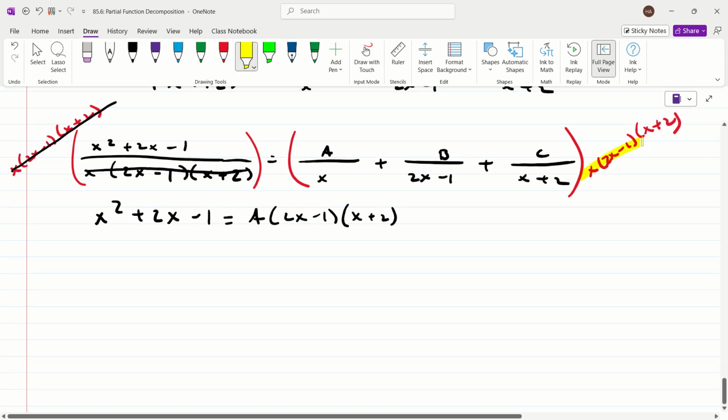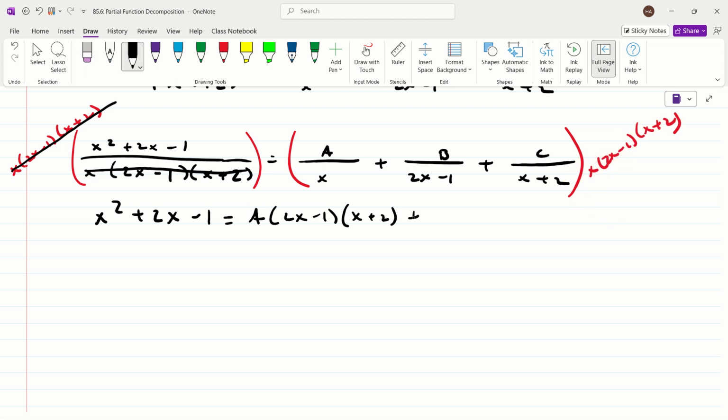When you take that LCD and multiply it times the second term, the 2x minus 1's cancel out, leaving you behind with b x and an x plus 2. And when you take the LCD and multiply it times the third term, you're left over with a plus c. The x plus 2's cancel out, so you'll have an x and a 2x minus 1.